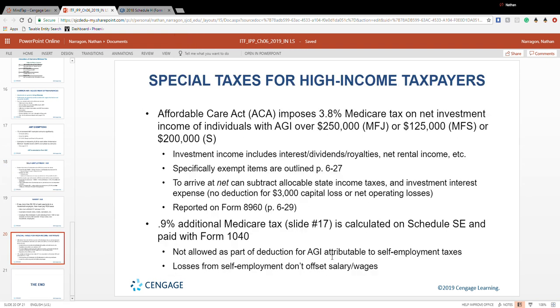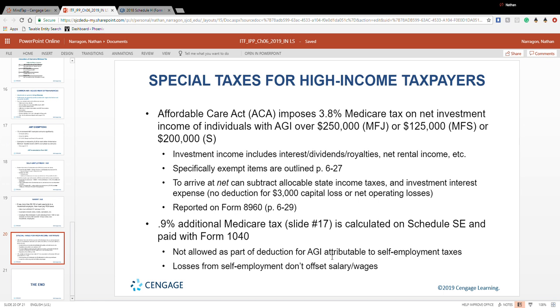Okay. Last little part, special taxes for high income taxpayers. This is mostly, again, dealing with the Affordable Care Act, which is basically leaving after this year. Yay. So it imposes an additional 3.8% Medicare tax on net investment income for individuals.